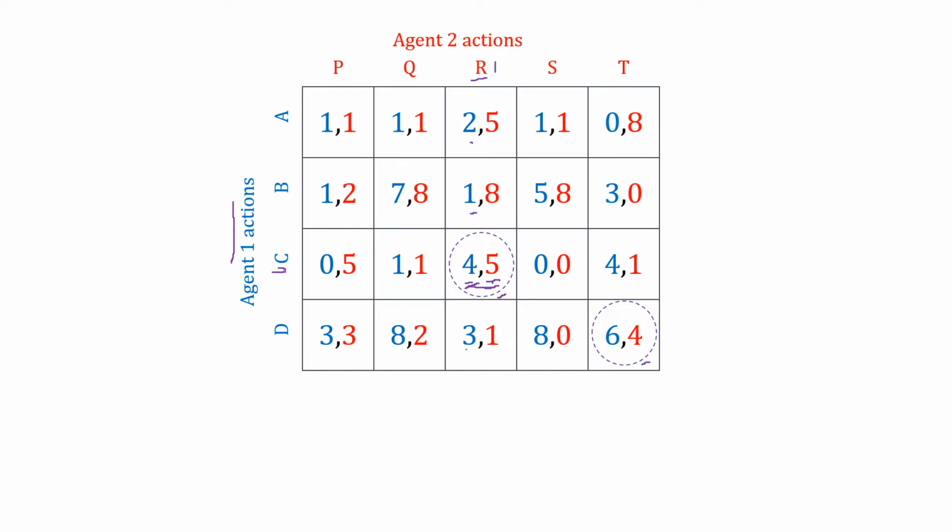If agent 2 were to deviate, then it would get 0 if it chooses S, 1 if it chooses Q or T, and 5 if it picks P. But this is still at Nash equilibrium because agent 2 does not have any real incentive to unilaterally deviate, because there's no way it can receive a higher payoff. Likewise, this is also at Nash equilibrium.